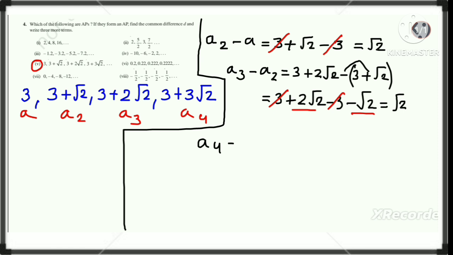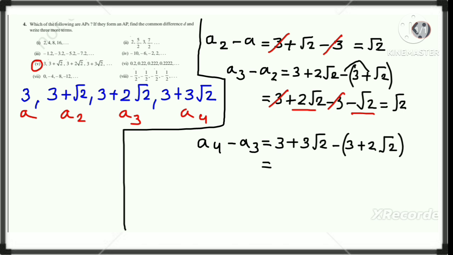Now let's find the difference between a4 and a3. a4 equal to, we have 3 plus 3 root over 2 minus, and a3 equal to, we have 3 plus 2 root over 2.